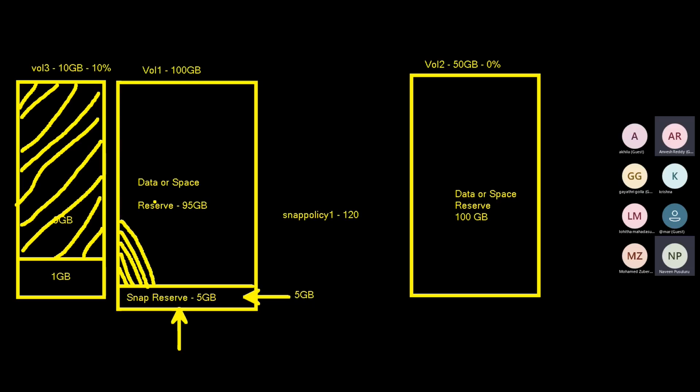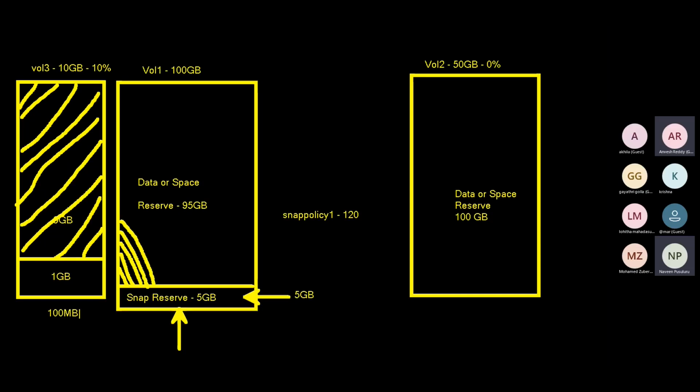Let's assume the 9 GB is full. I don't have any space to put new data. But out of 1 GB, my snapshots occupied roughly 100 MB only, very small snapshots. The remaining 900 MB plus of space is available.